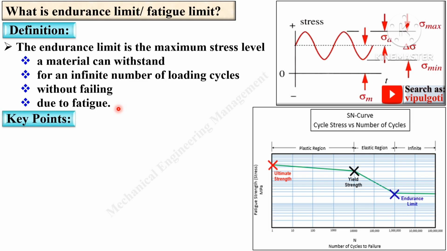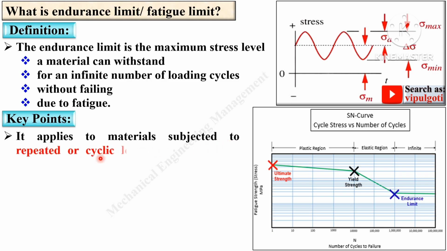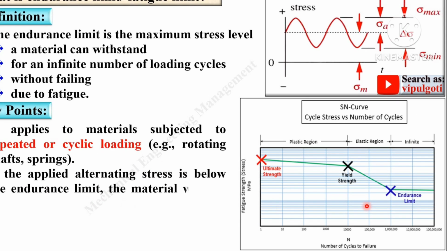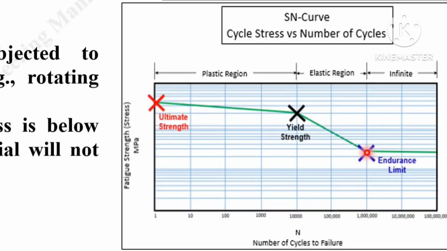Now let's see the key points. It applies to materials subjected to repeated or cyclic loading, and specifically this type of case is possible in rotating shafts, springs, etc. If the applied alternating stress is below the endurance limit, the material will not fail due to the fatigue, even after millions of cycles.